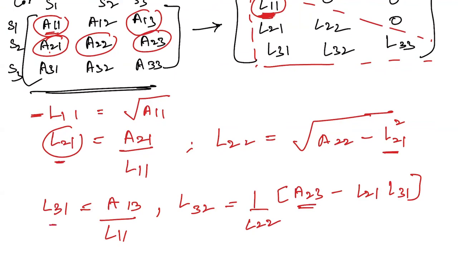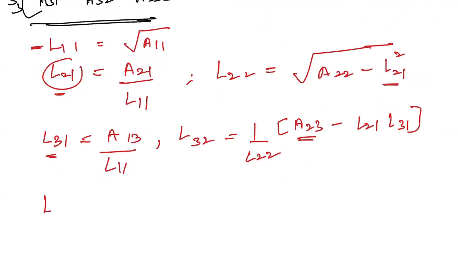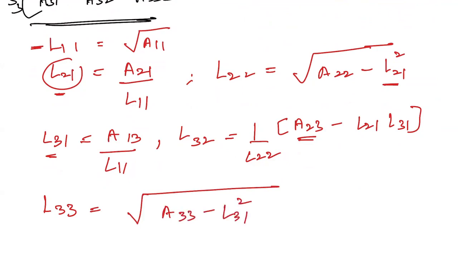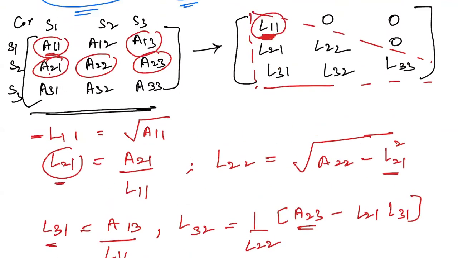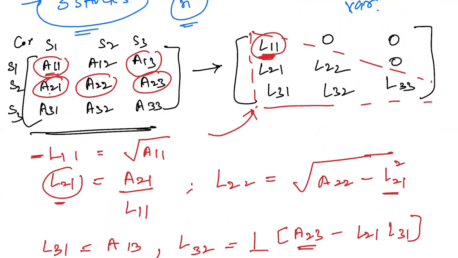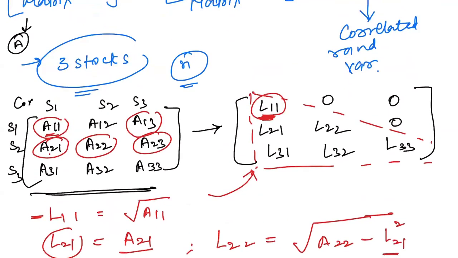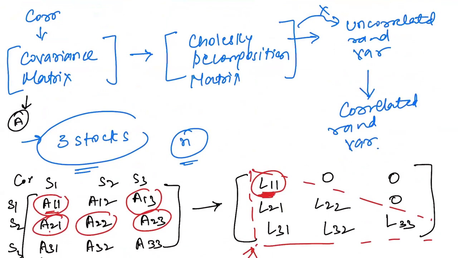And the last value, L33, is equal to A33 minus L31 square minus L32 square. So using all these formulas, we get our Cholesky decomposition matrix, and then we multiply our uncorrelated random variable with the Cholesky decomposition matrix to get our correlated random variable.